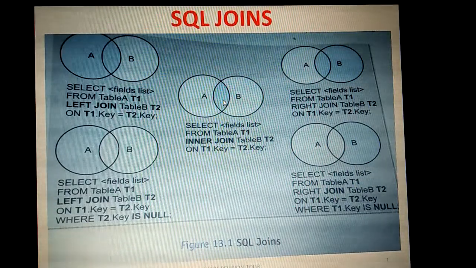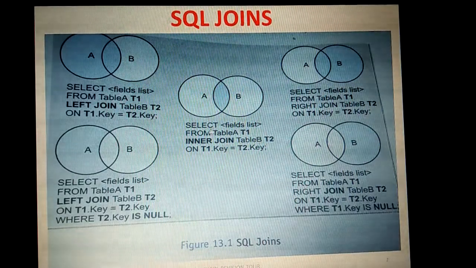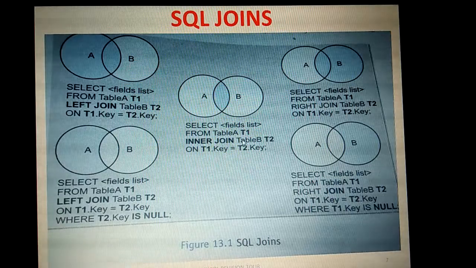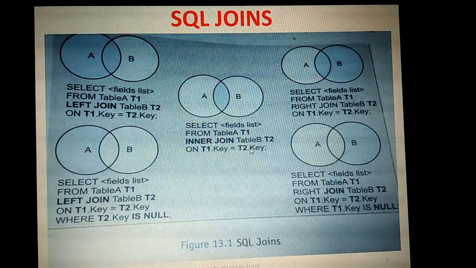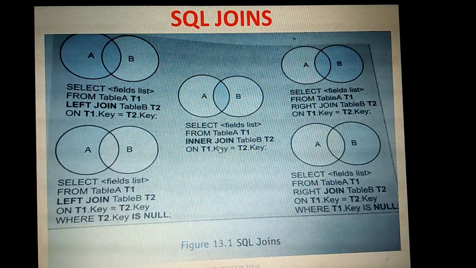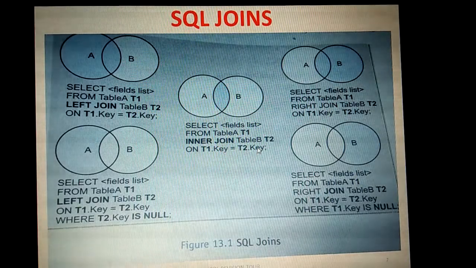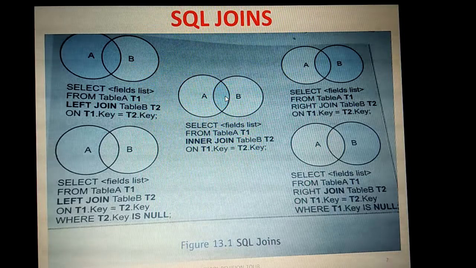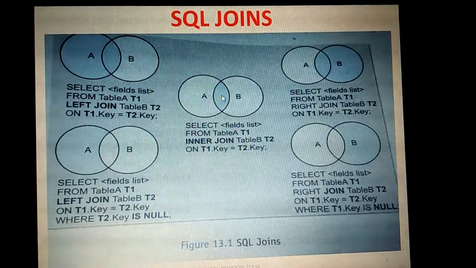Select field list from table A T1 inner join, you need to use this word inner join, table B T2 on T1.key equals T2.key. That means the same column name in the two tables, that is key, here also key, and its values, if matching, only those matched fields and values are going to be returned in this inner join.